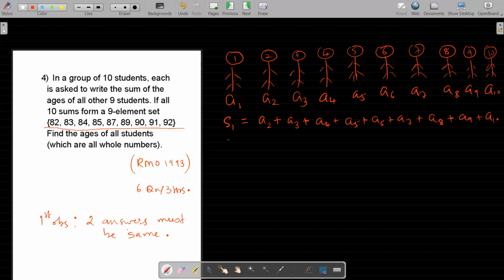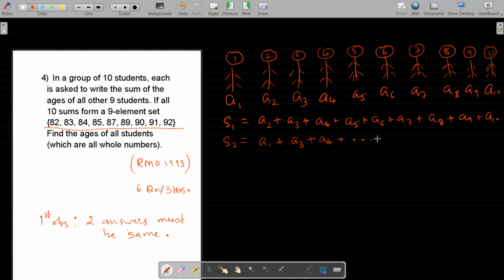So somebody tell me now what should be S2? Sum given by second student. Sir, it will be A1 plus A3 plus A4 and so on.